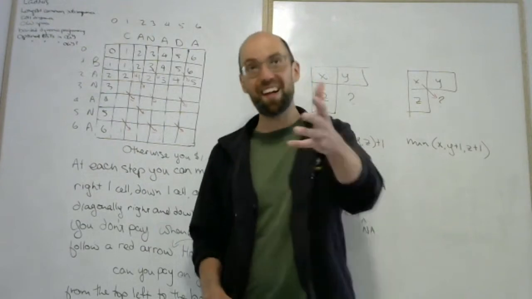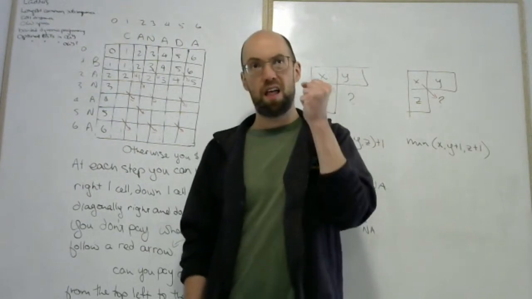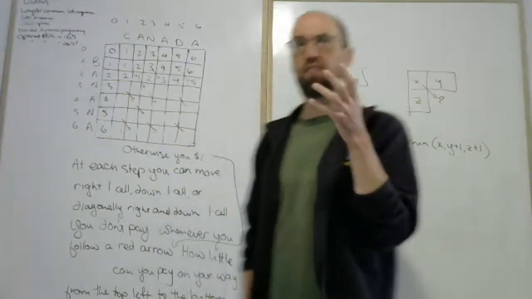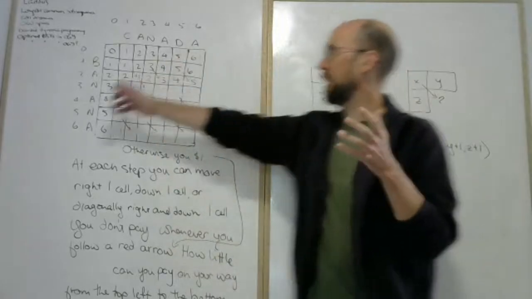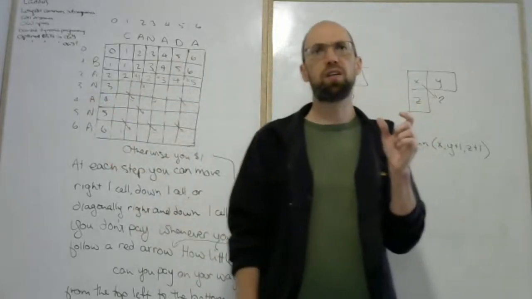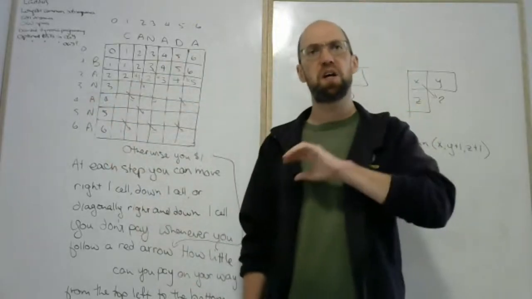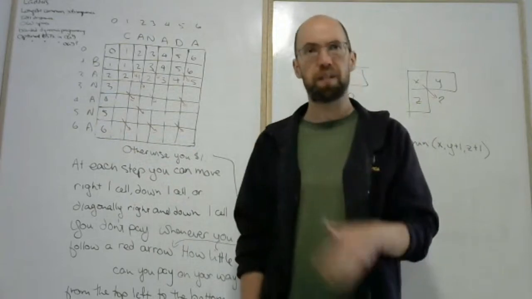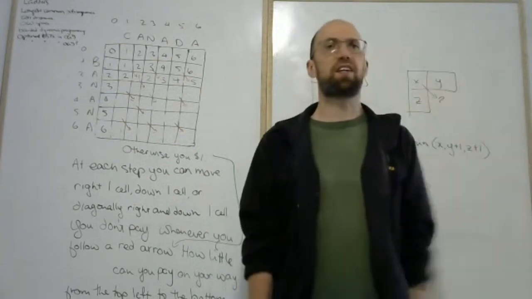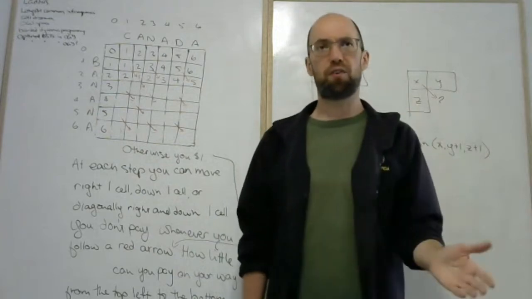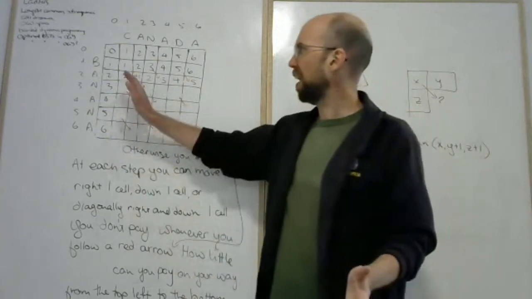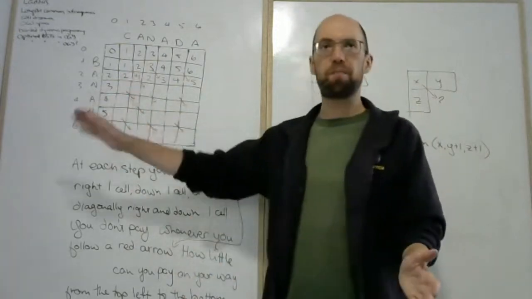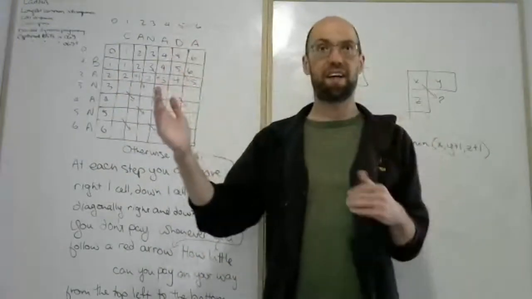So if I tell you that the edit distance between Canada and banana is small, say 3 or less, it's actually 2, and I say I'm not interested in what the edit distance is if it's more than 3, then you don't have to fill in the parts of the matrix which are further than 3 from the diagonal.